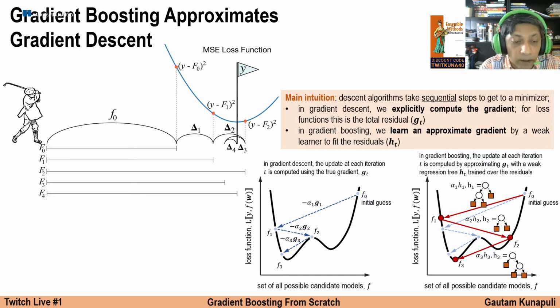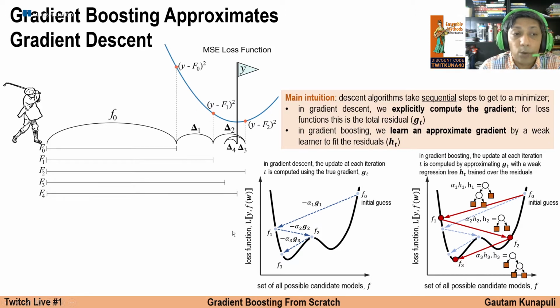If you're familiar with neural networks, there's a variation of gradient descent that neural networks use called stochastic gradient descent, and there's a whole lot of variations on that front, right? But broadly, you can think of gradient boosting as a means of approximating gradient descent.